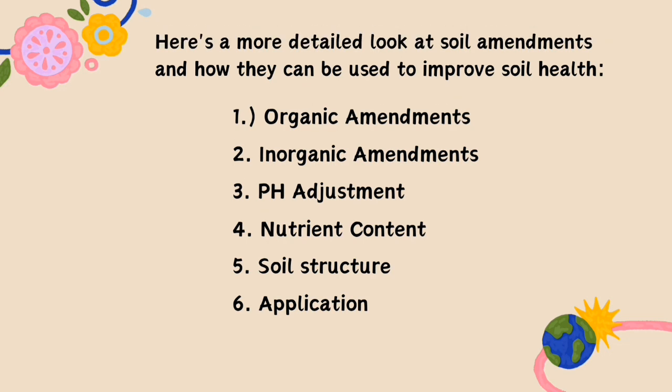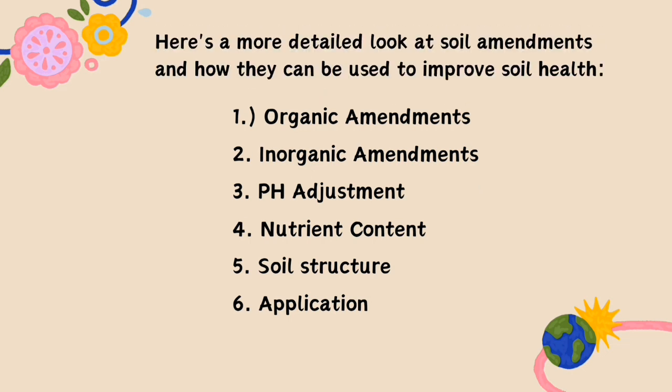Then the next one is nutrient content. Soil amendments can also be used to add nutrients to the soil. Then soil structure. Soil amendments can improve soil structure by improving water retention and drainage.